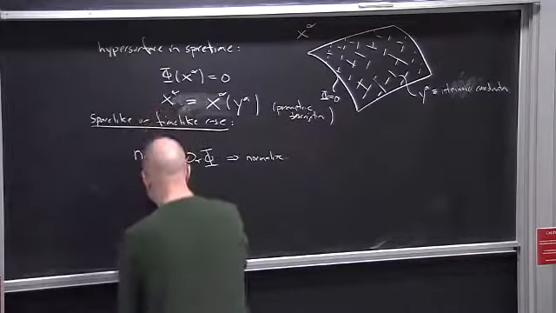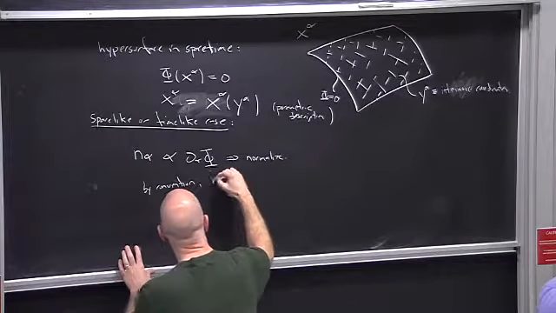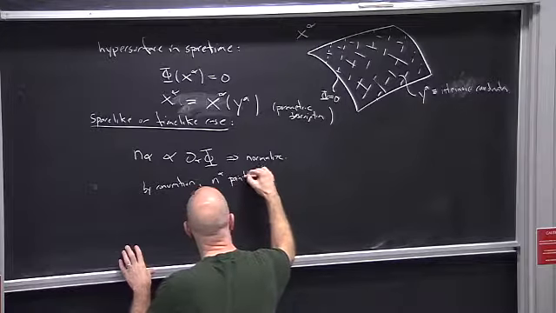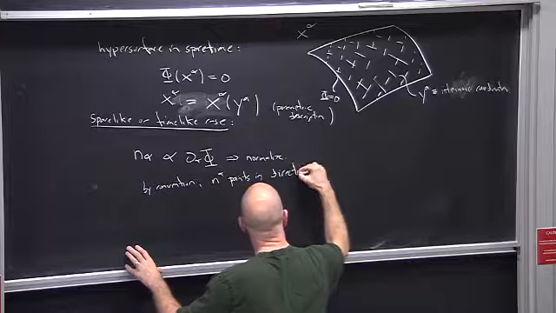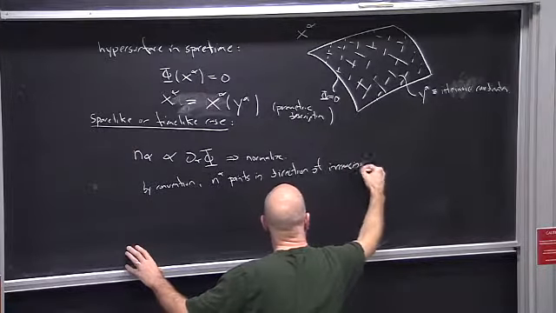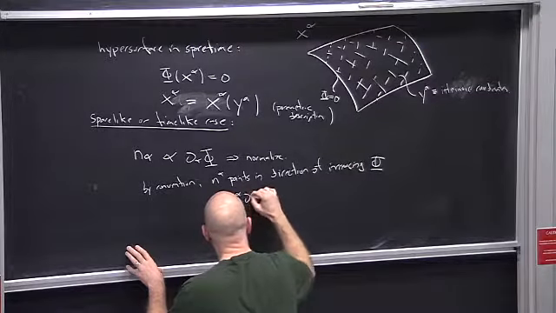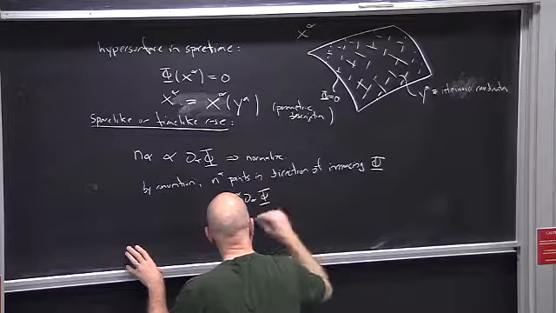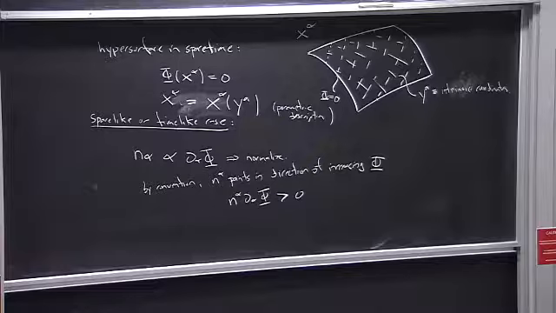So by convention, n alpha points in the direction of increasing phi, which means that n alpha times the gradient of phi is declared to be positive.